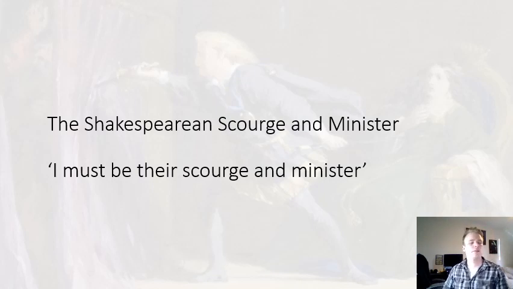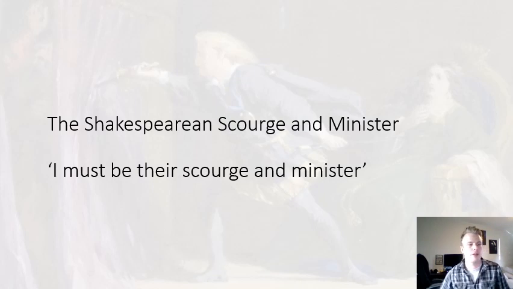Now, the scourge and the minister are a stock character in revenge tragedy, essentially, and in Shakespeare, but also in other contemporaries of Shakespeare at the time. So what I want you to do at this point is pause, see if you can find out a little bit about scourges and ministers in Shakespeare, do a bit of research around it. I'll then tie it in briefly in a minute, okay?